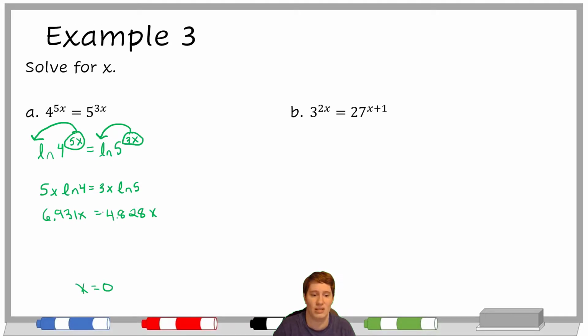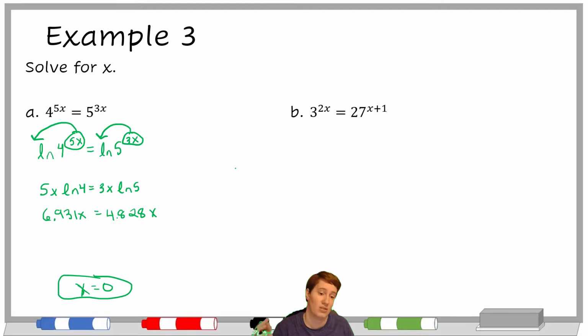The only way to get these to be equal is for them to both be 0. If I said x was 1, for instance, I'd get 6.931 equals 4.828, and that's not true. Any number you pick other than 0 is going to give you 2 different things on each side. So 0 is our answer here. It's not a very interesting answer maybe, but it is our answer nonetheless.